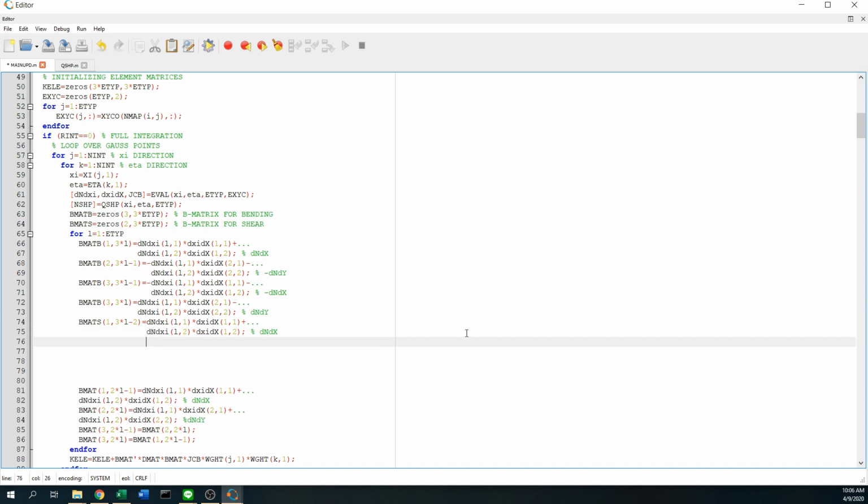And B mat S of the same row, but 3 times L without minus equals N shape of element L, the shape function L, column number 1. That's it.